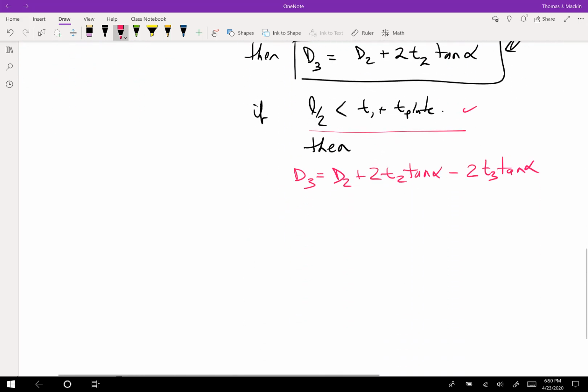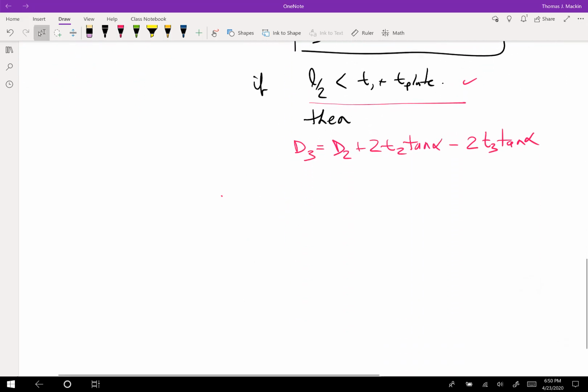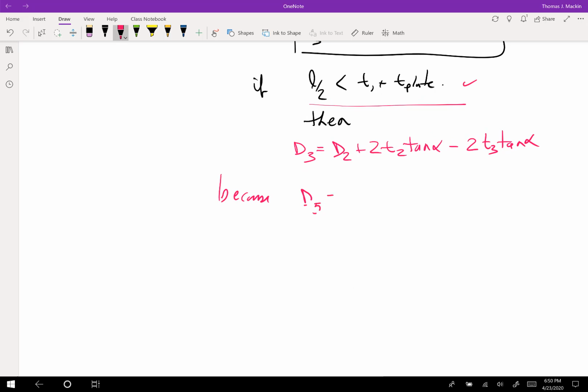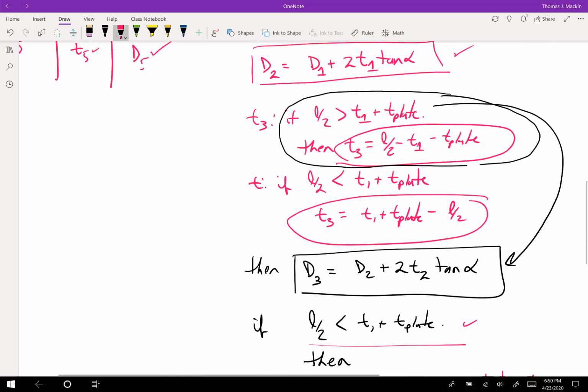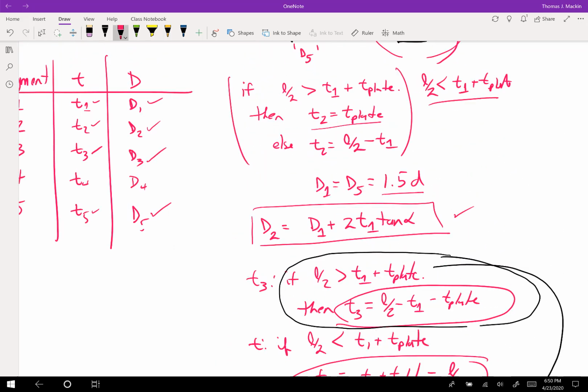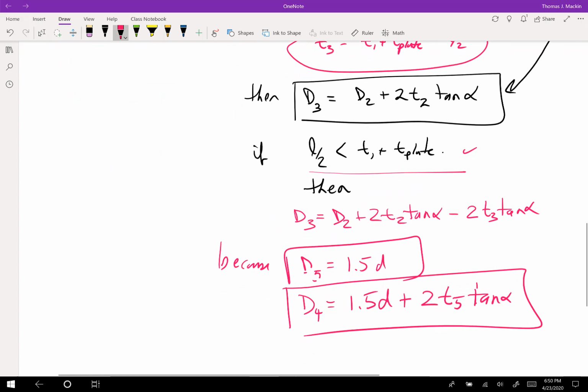Now life is easy, because D5 is equal to 1.5D, and D4, which is just above it, would be equal to 1.5D plus twice T5 tan alpha. So that's pretty straightforward. So now we have D1, D2, D3, and D4.